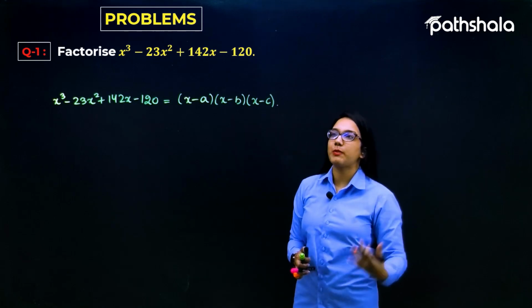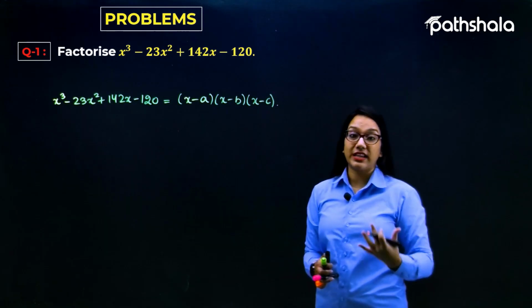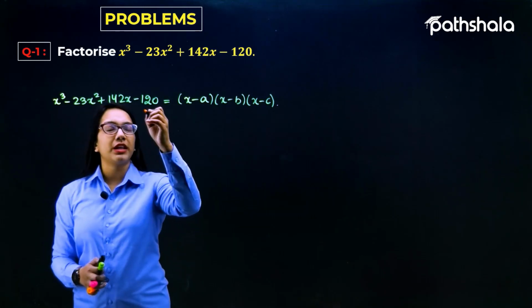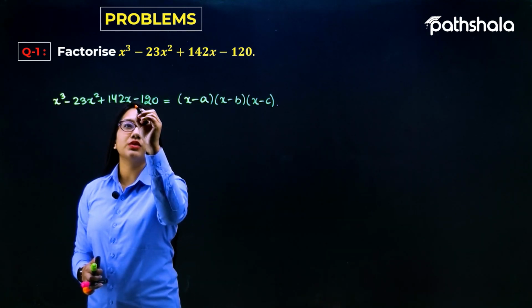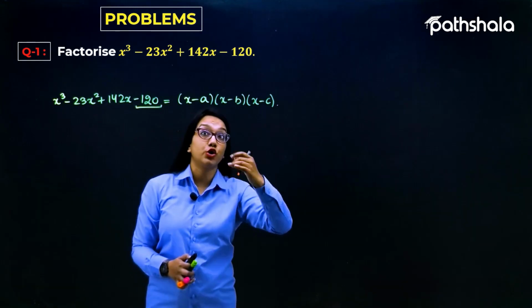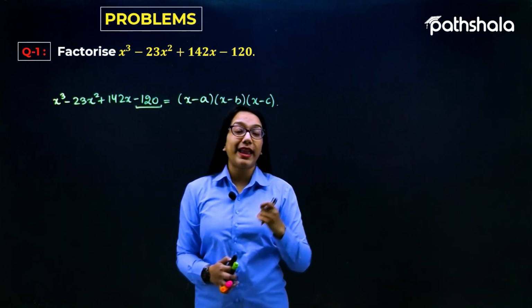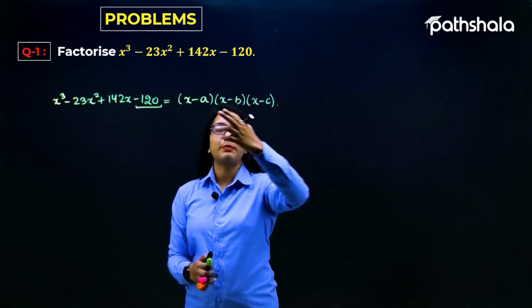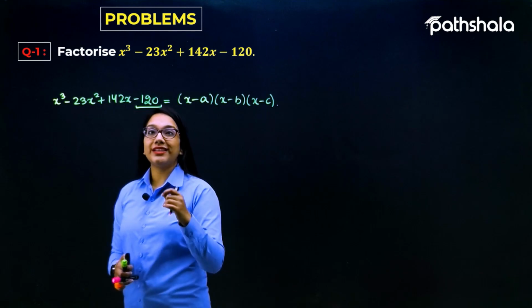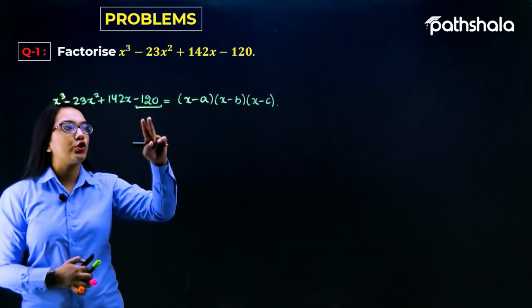We know that the constant term on this side is minus 120, and on the other side it should be minus abc if we expand this polynomial.